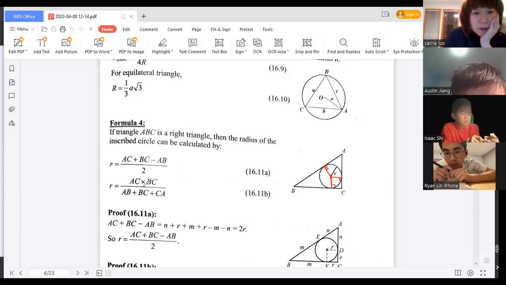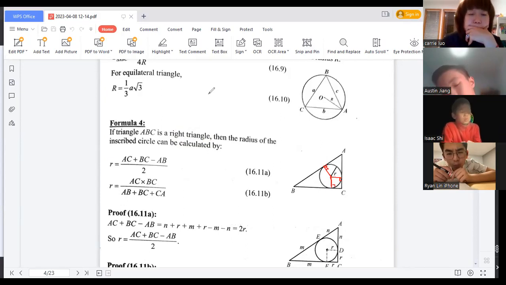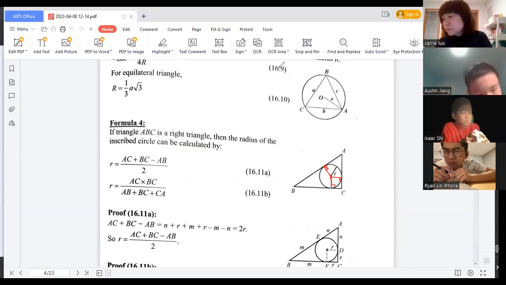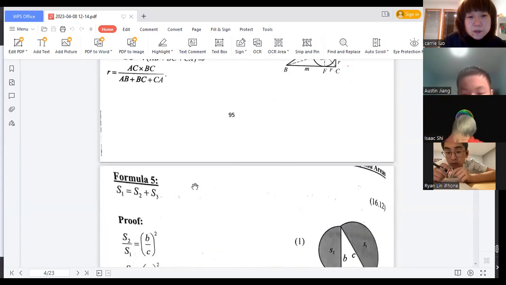The radius also equals AC times AB divided by AB plus BC plus AC. You don't have to prove it. As long as you remember it, that is fine.